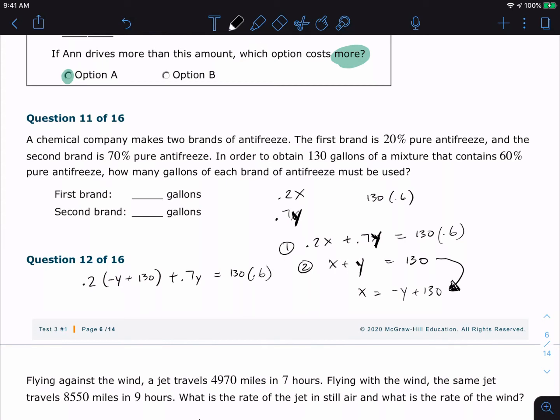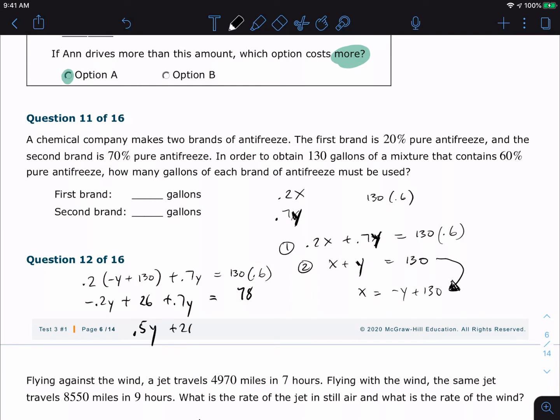Okay? So then I'm going to get a negative 0.2y plus, what's 130 times 0.2? I'm going to get 26 plus 0.7y is equal to 130 times 0.6, which is 78. So adding up the y's, I should get 0.5y, correct?